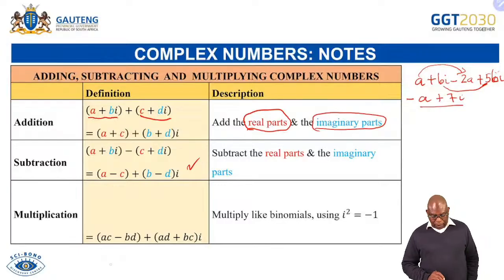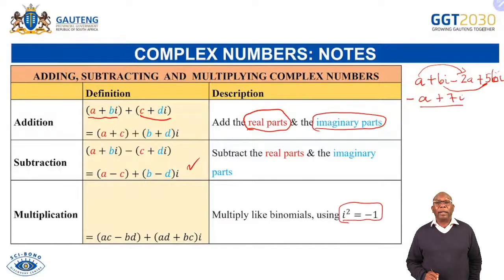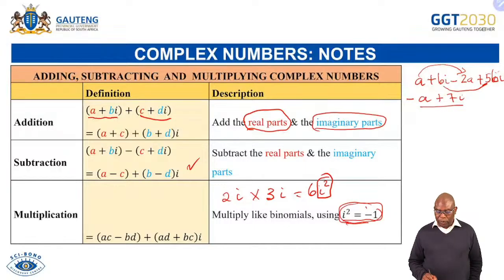When we multiply complex numbers, we must always have this in mind: when I'm multiplying, for instance, 2I multiplied by 3I, I'm going to get 6I squared. Once I get a square, I know the I squared must be changed to minus 1.